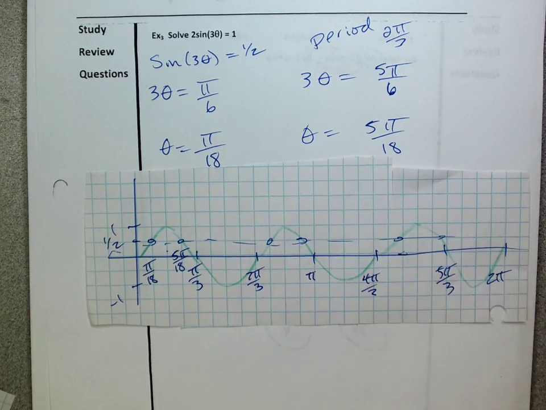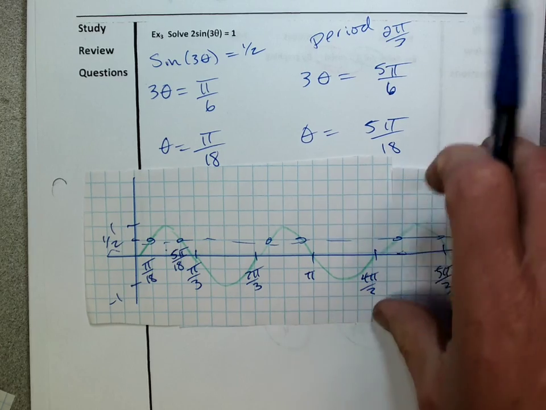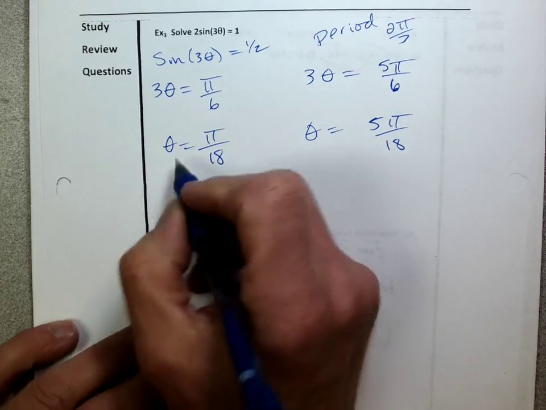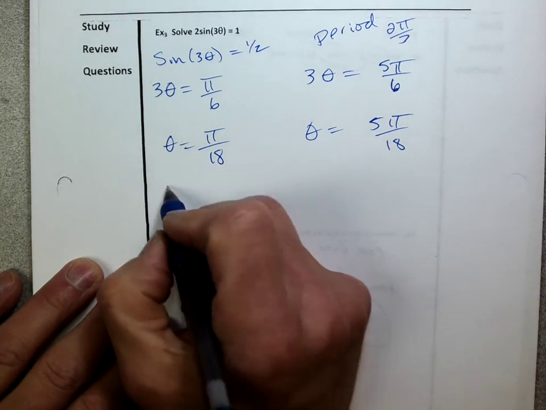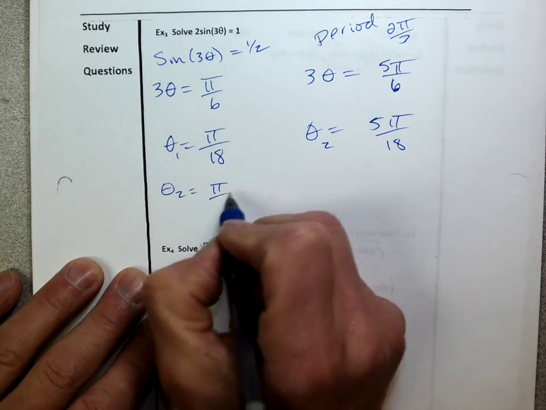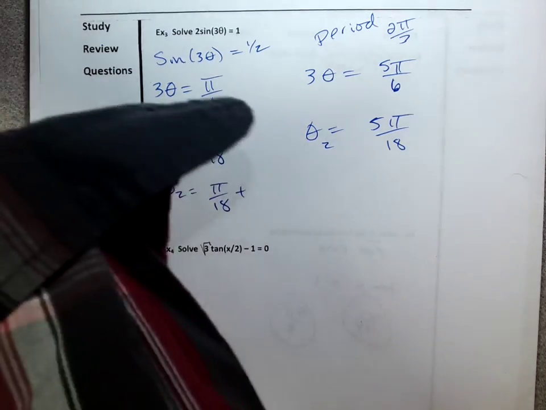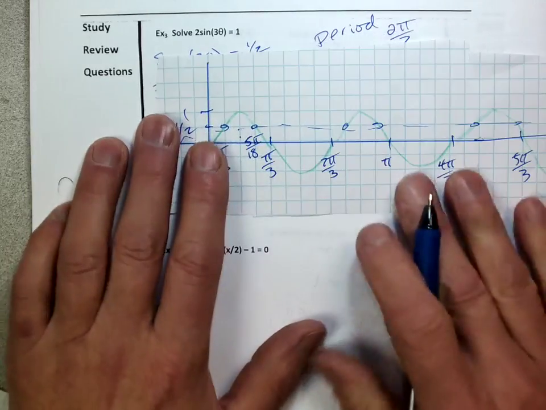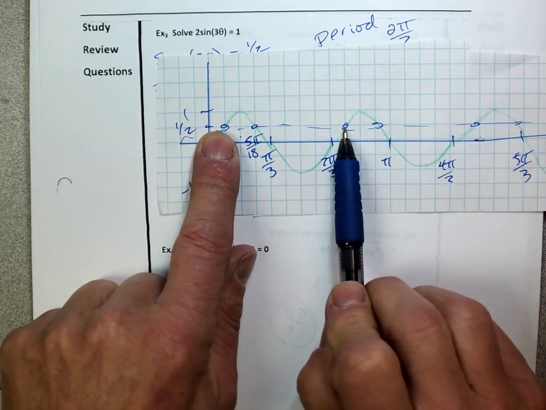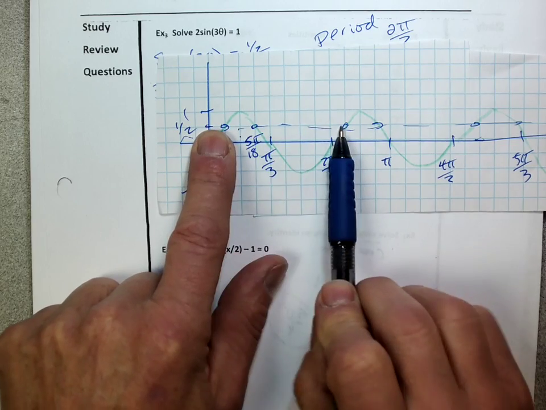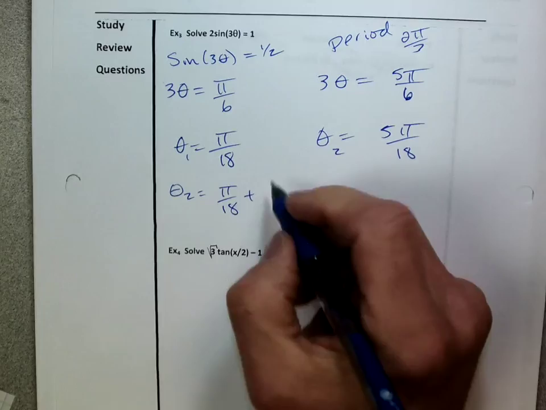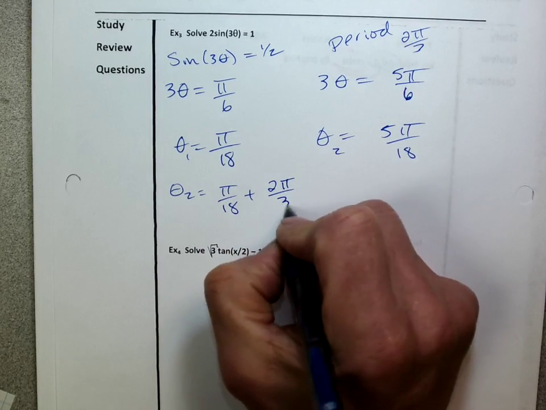Okay, now, if I want all 6 of them, then I'm just going to do this, okay? I'm going to say, okay, well, because there's 6 answers, right? So I got theta 1, theta 2. How about theta 3? It's going to be pi/18 plus, right? So the next one is right there. The next one's right there. How do I get from here to here? I'm going to add 2 pi/3.